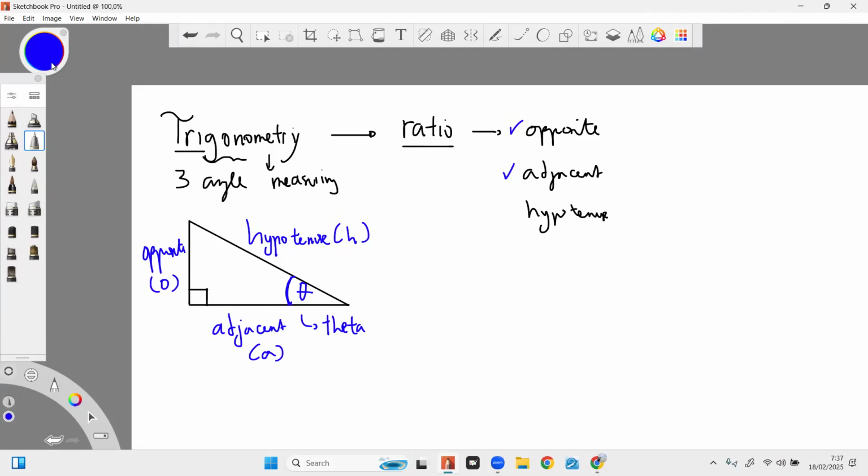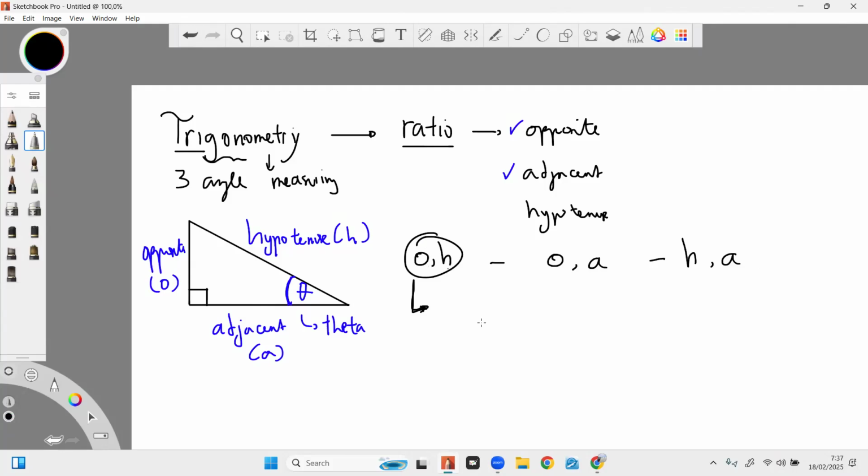So trigonometry knows some ratios. Let's say I have opposite and hypotenuse, opposite and adjacent, and hypotenuse and adjacent, right?